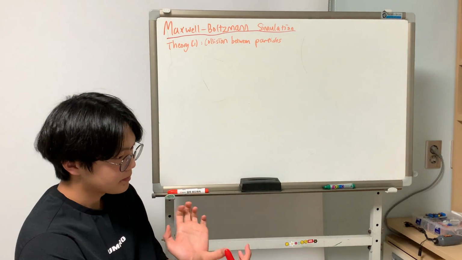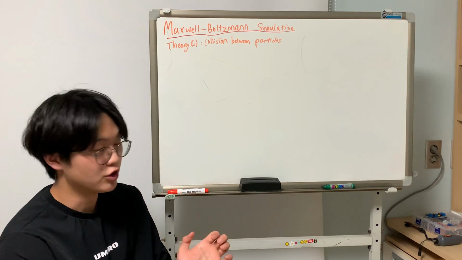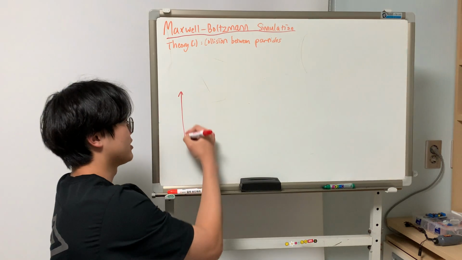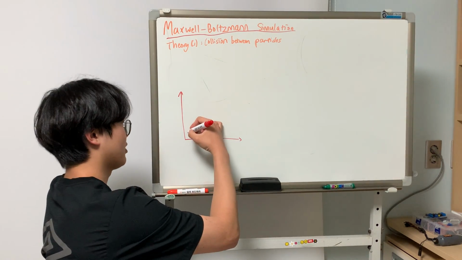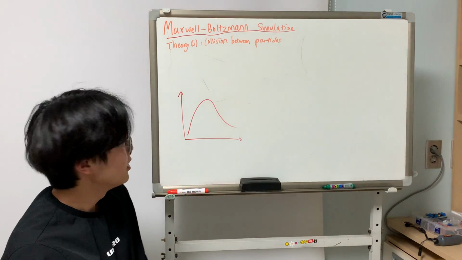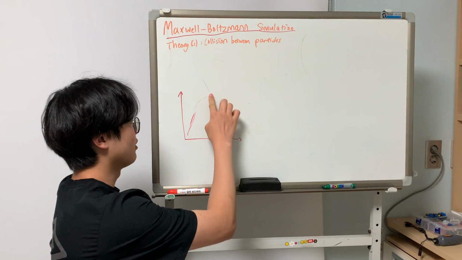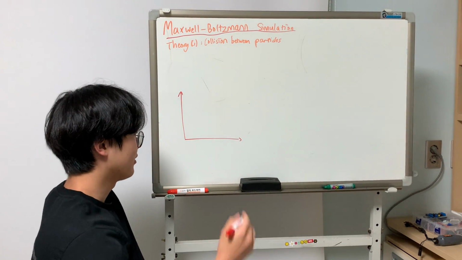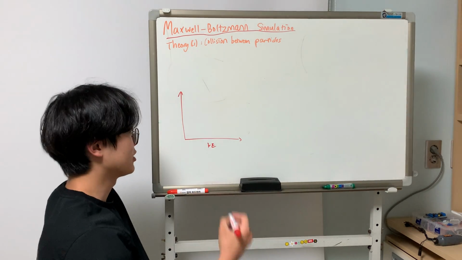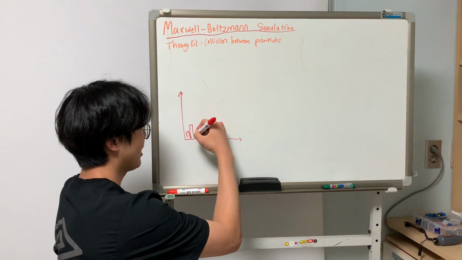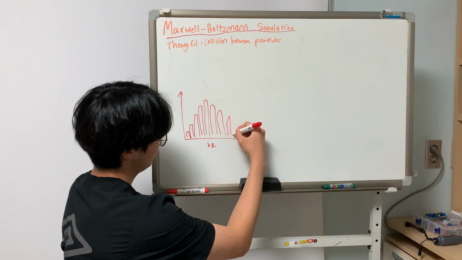Basically, what I'm going to get is the distribution of the kinetic energy of particles in the shape that Maxwell and Boltzmann hypothesized, which is roughly this kind of shape. By the end of making the simulation, I'm going to have kinetic energies and frequency of particles, and a graph that looks something like that.